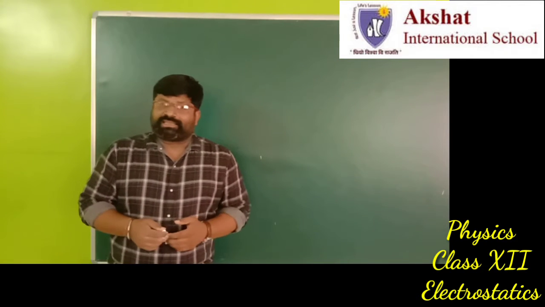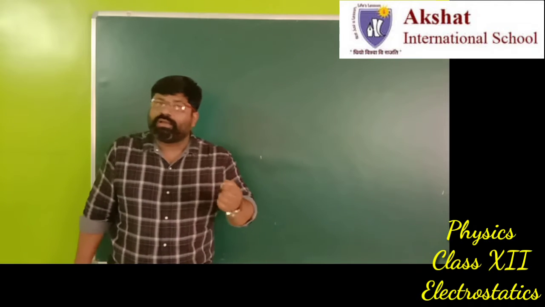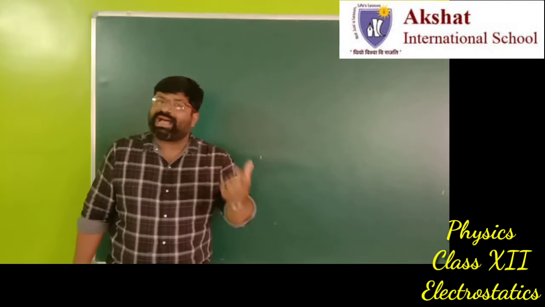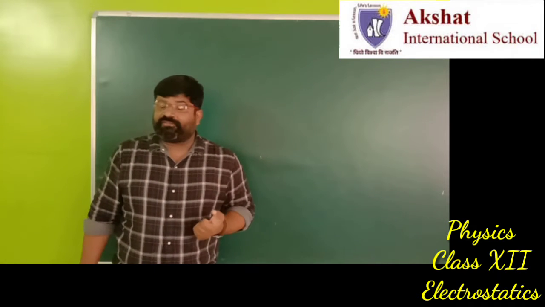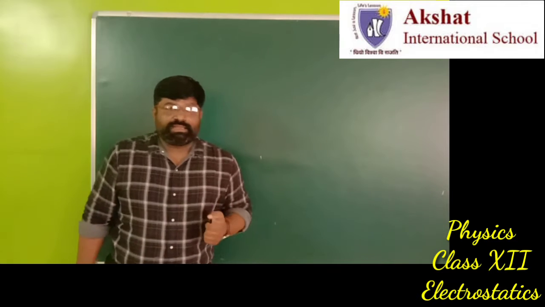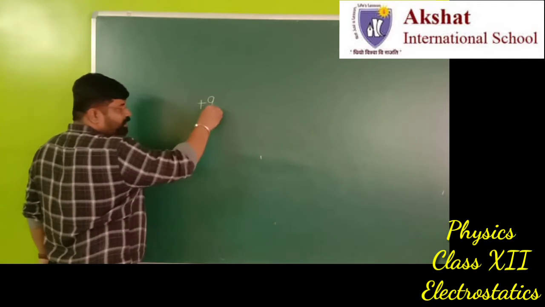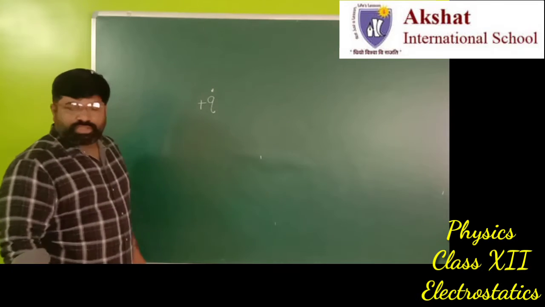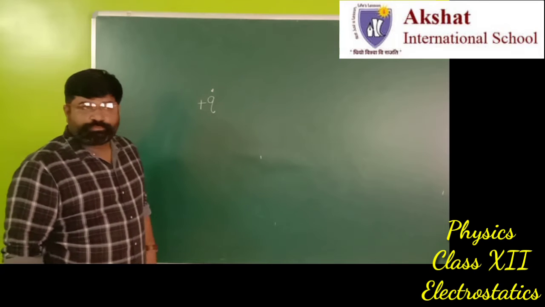Now we'll see the electric field strength due to a single point charge, the magnitude and the direction of the field strength. Suppose we have a positive charge plus q, the magnitude of the charge is q.